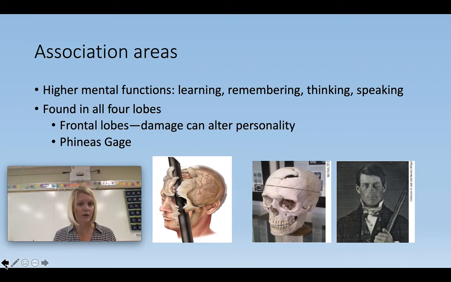These are also areas in the cortex, in the gray matter, but they're found in all 4 lobes.